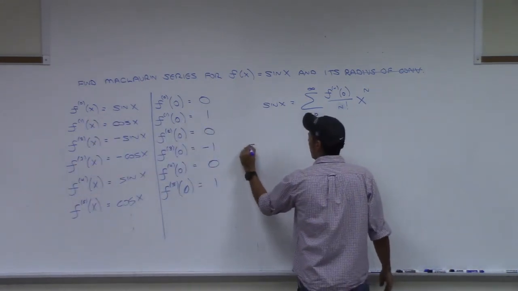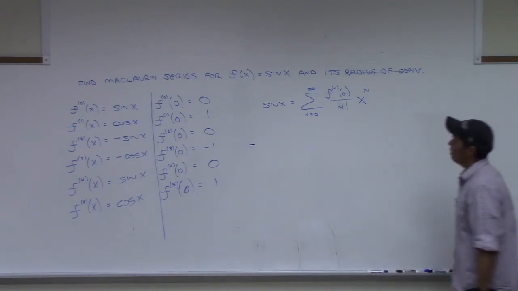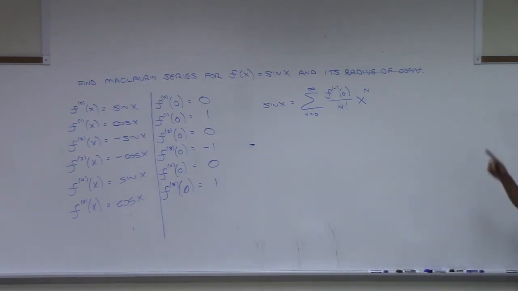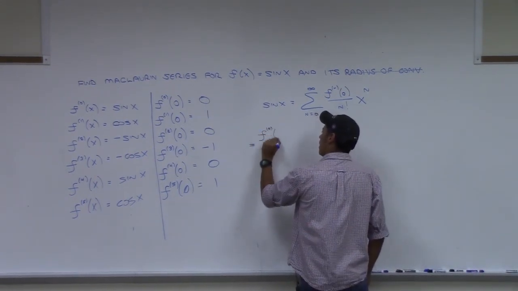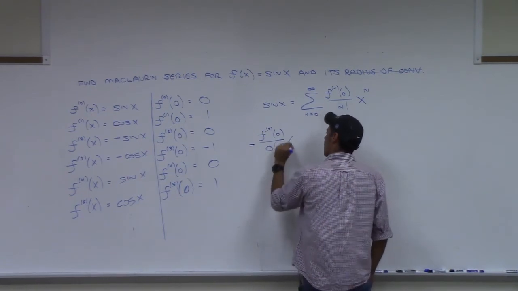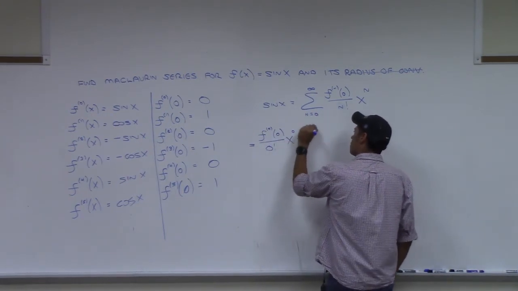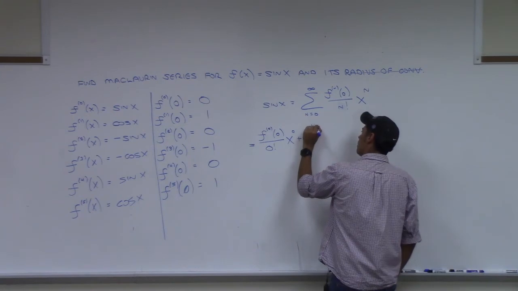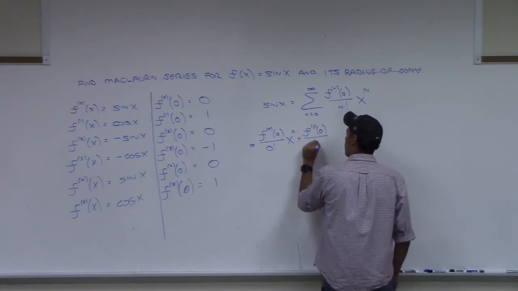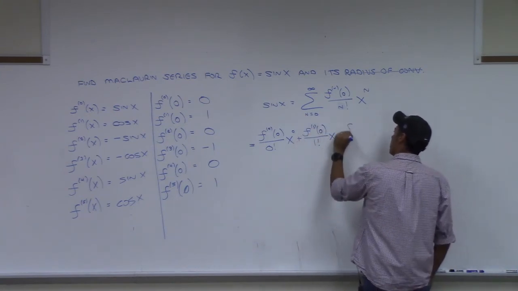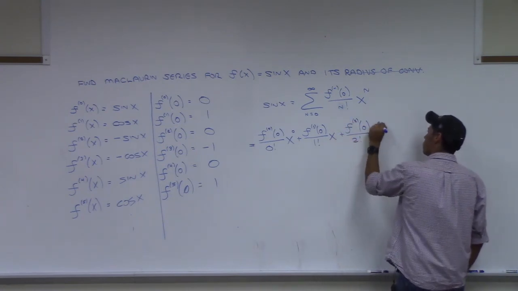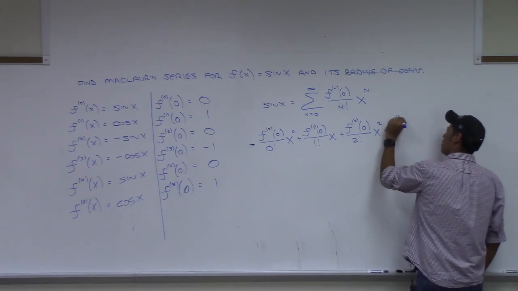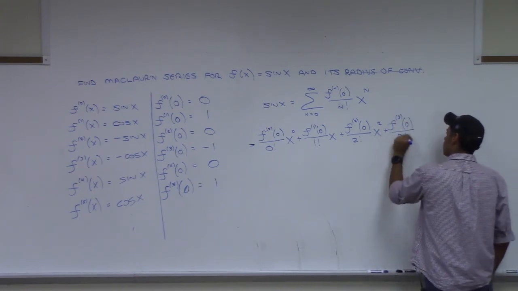Okay, so what should I do next? What did I do last time at this point? Just start plugging in n equals 0, 1, 2, 3. Okay, so we're going to have the 0th derivative at 0 over 0 factorial x to the 0 plus the first derivative at 0 over 1 factorial x plus the second derivative at 0 over 2 factorial x squared plus the third derivative at 0 over 3 factorial x to the third.